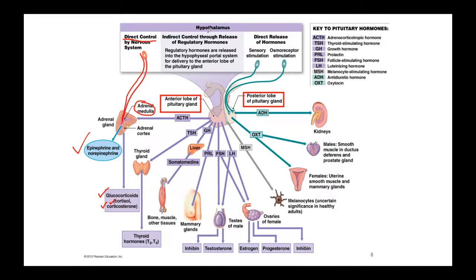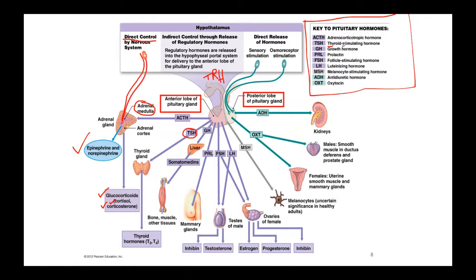Okay, what else? The hypothalamus is going to send a hormone called thyroid releasing hormone. We can call that TRH. And it's going to go to the anterior pituitary. Then the anterior pituitary releases thyroid stimulating hormone. And up here on the upper right, you can see all the abbreviations there, right?